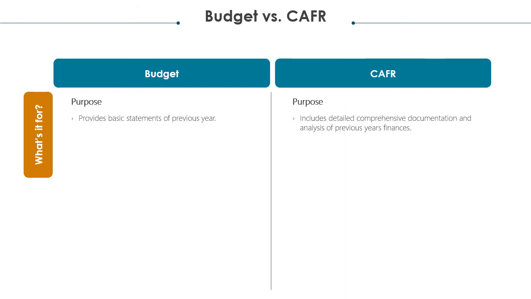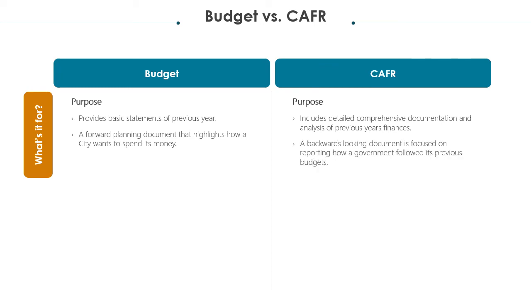A budget is meant to provide a brief or vague overview of the financial statements of the previous year, while the CAFR is meant to include a very detailed and comprehensive documentation of the financial actions of the city in previous years. The budget is also mainly a forward planning document that highlights how the city plans to use its planned revenues for the next year.